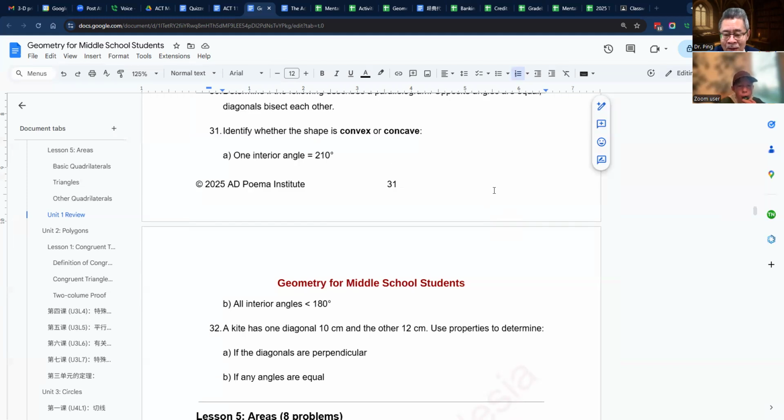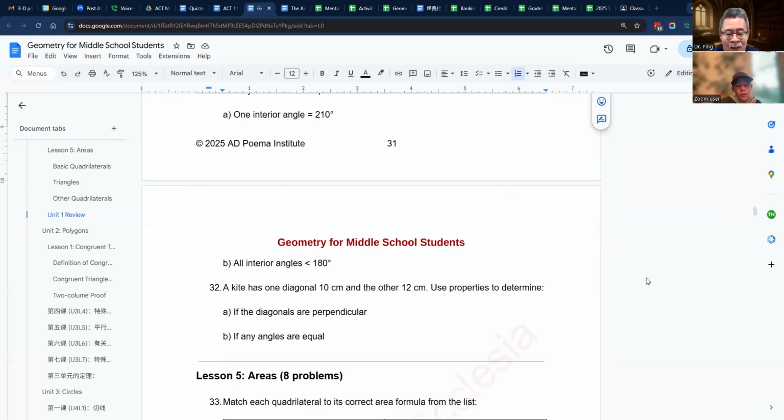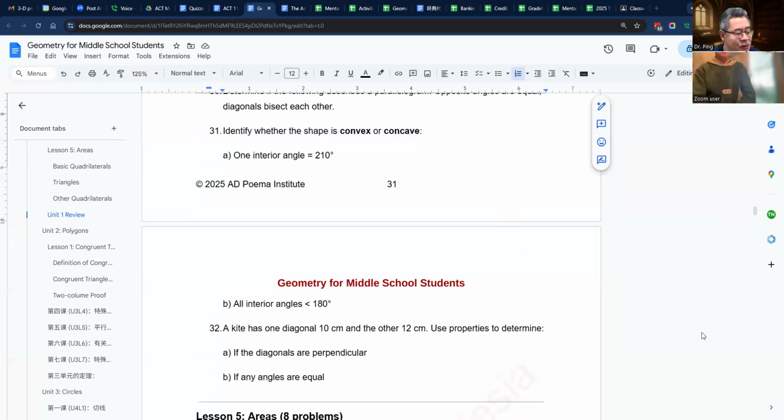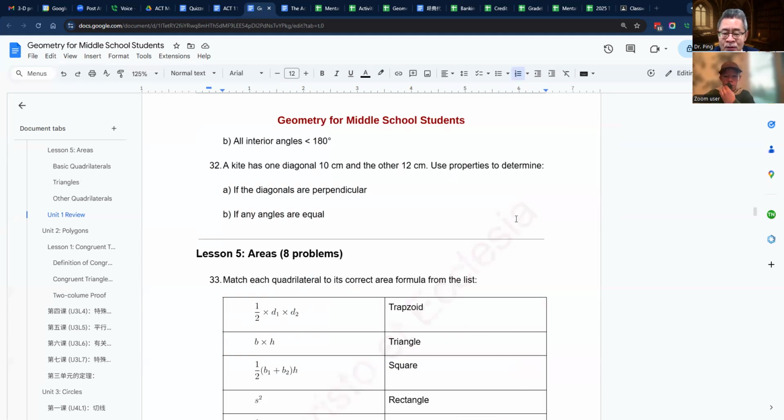For A, one interior angle is 210. Is that convex or concave? Yep. Number B, all interior angles are less than 180.